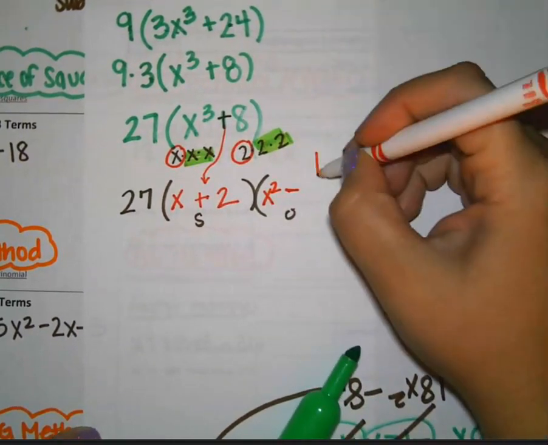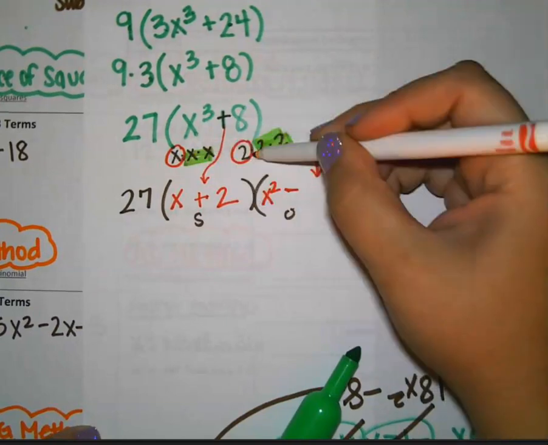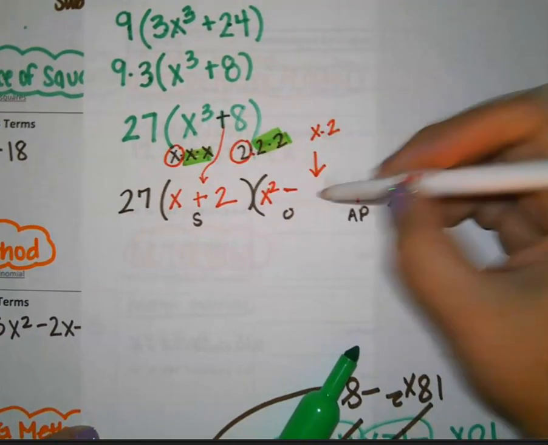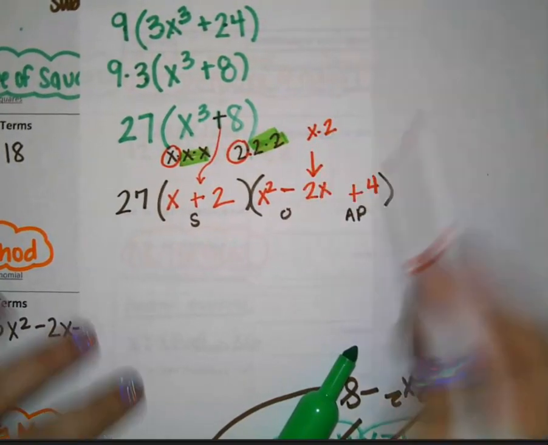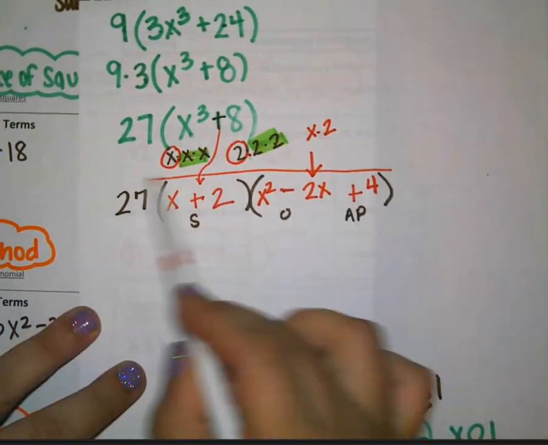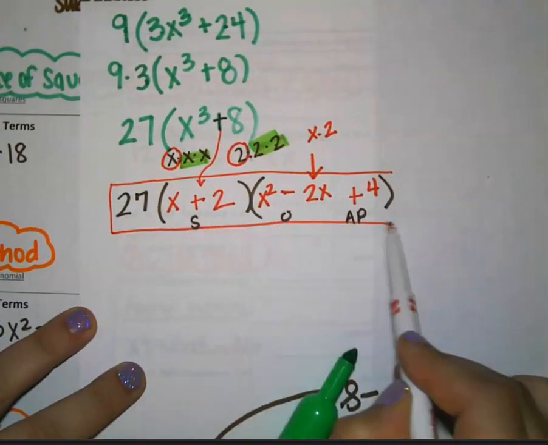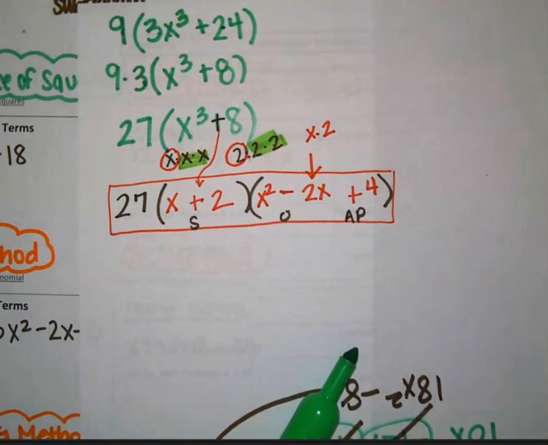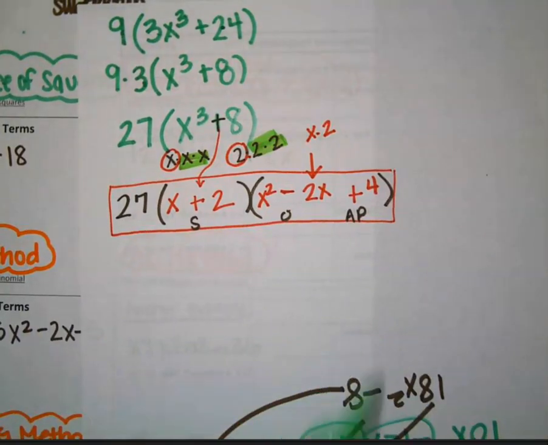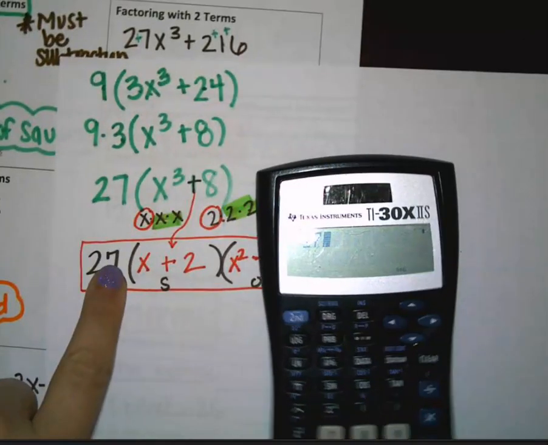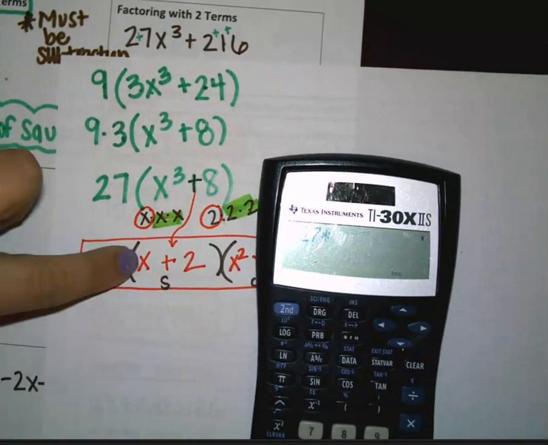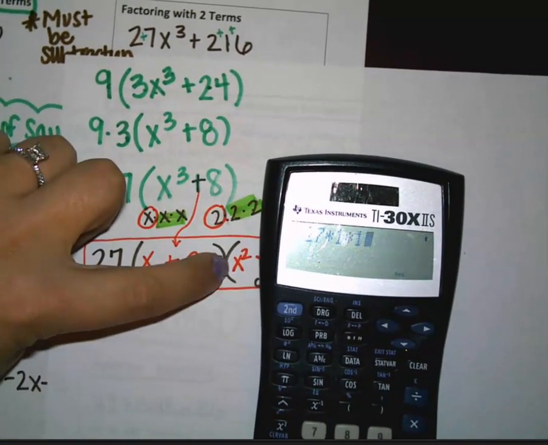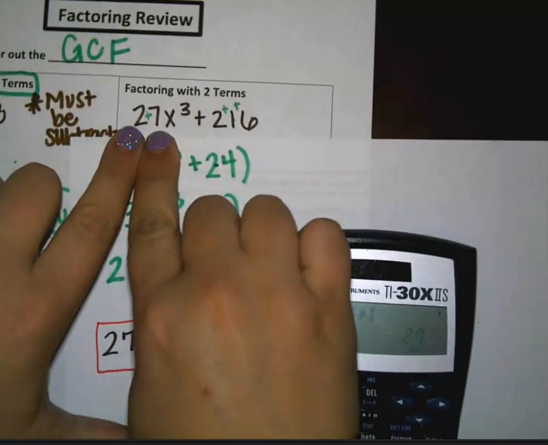Then what goes in the middle here is one of each. So an x times a 2 is 2x. And I call this the SOAP method. Now, if I'm committed to success and I want to catch mistakes, and this only takes like 2 seconds, I take the GCF, the 27, and I multiply it to this one and to this one, and I should get what I started with, the 27.